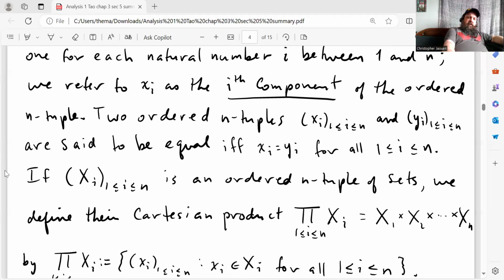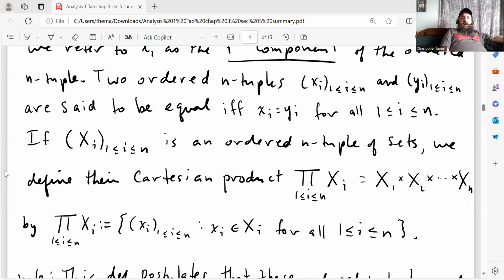And then also if you have an ordered n-tuple of sets, so here capital X sub i going from 1 to n is an ordered n-tuple of sets, we define the Cartesian product, where here we have the product operator, a big pi, the Greek letter P that stands for product. The product over i going from 1 to n of X sub i is the n-fold Cartesian product X1 times X2 times X3, all the way up to Xn.